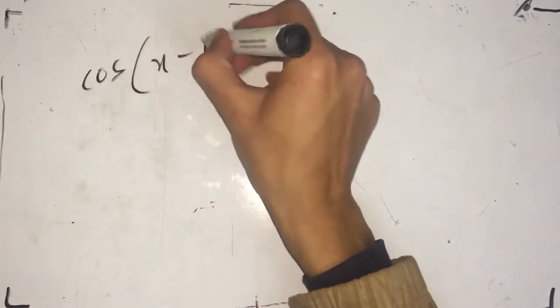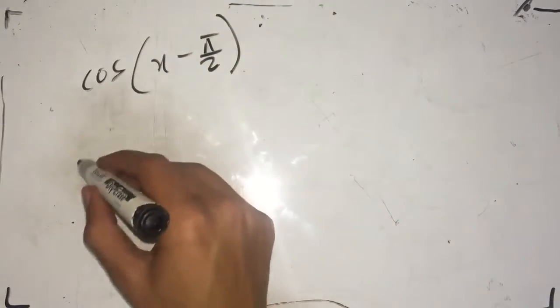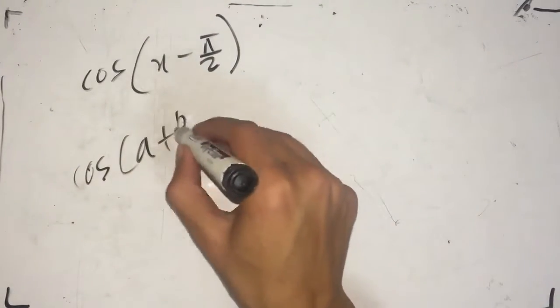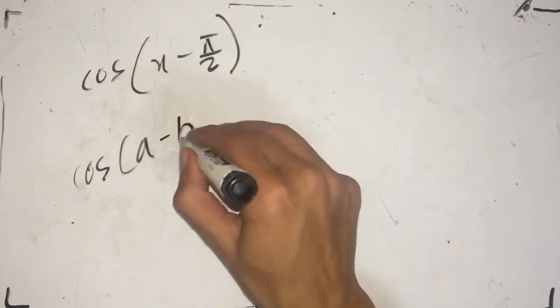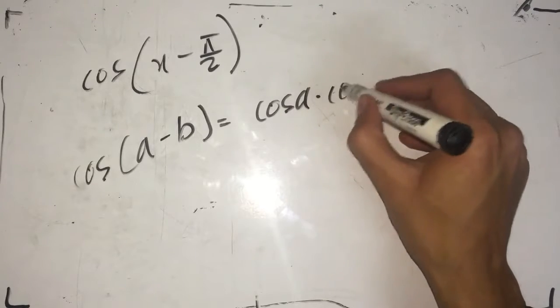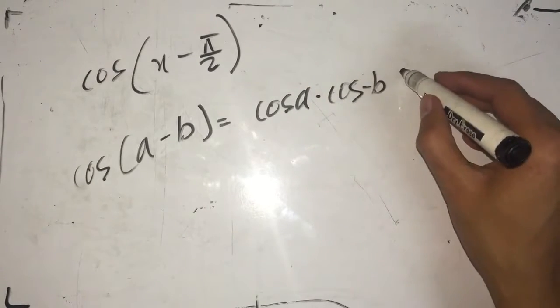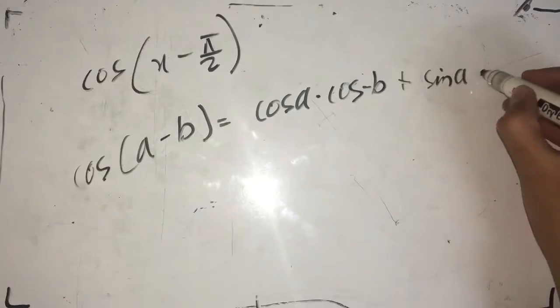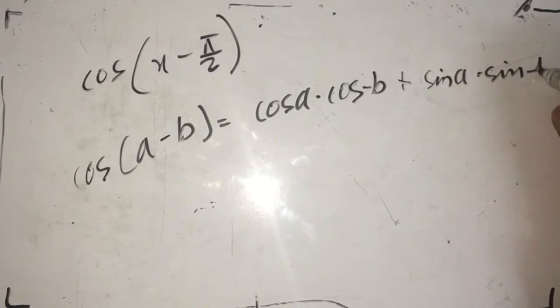So that was the graphing questions, and we had trigonometric identities, where you are given, for example, cos of x minus pi by 2. So what is the formula? Cos of a minus b equals cos a dot cos b plus sine a dot sine b.